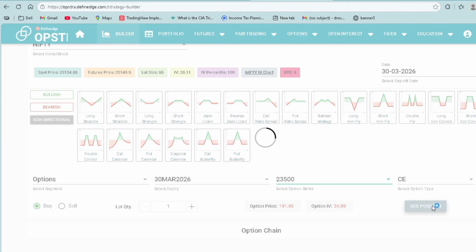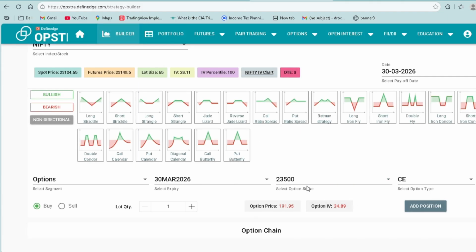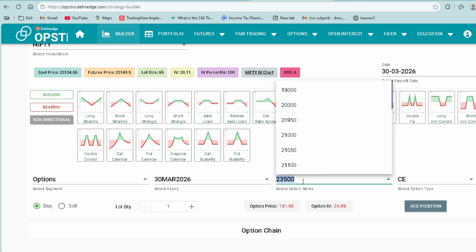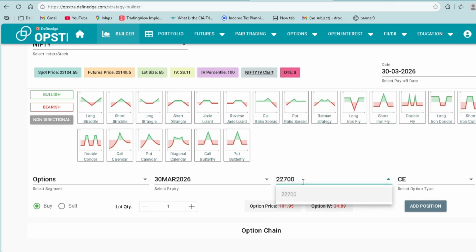One lot and one buy put option that is below current market price, that is 20,700. Add.